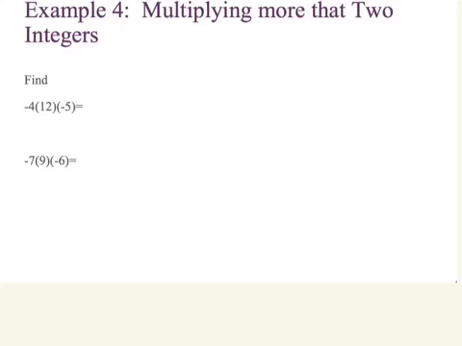Okay, guys, so when you're looking at a situation when there are 3 different terms, the rules that we talked about in terms of the same sign, positive, different sign, negative, only apply for 2 numbers being multiplied together, or 2 integers. So when we have something like this, we actually have to take each 2 integers by themselves. So as I look at this, I've got to do negative 4 times 12, a positive 12, and that's going to give me a negative 48.